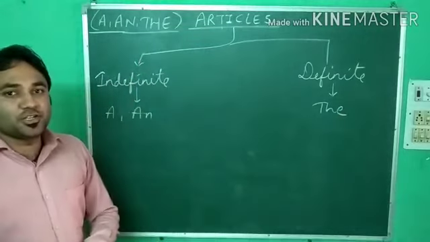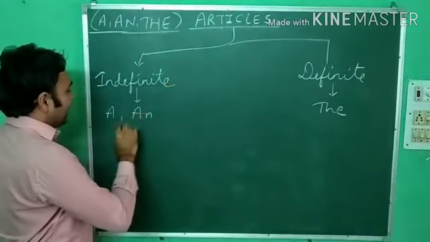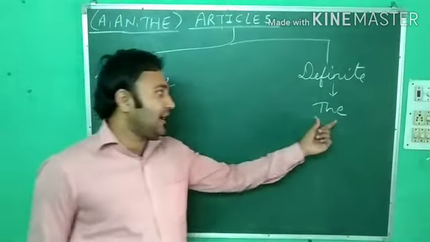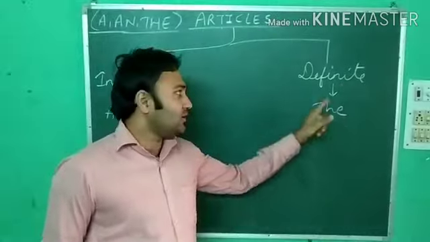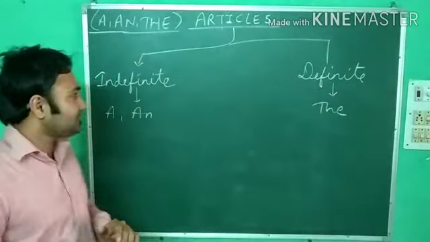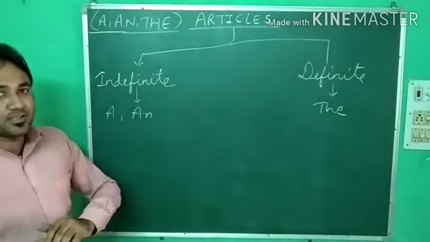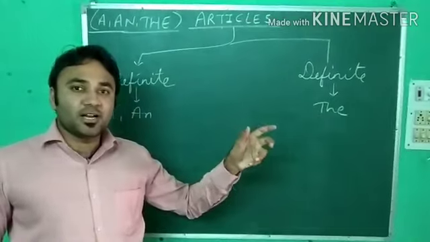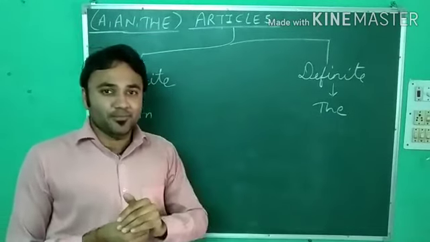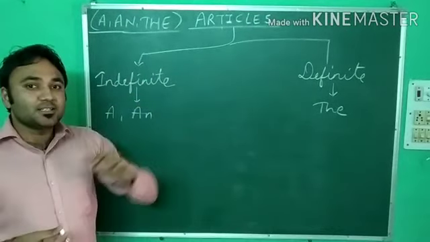Now you may have a question in your mind, why are a or an called indefinite articles and why is the called definite article? So the answer to the question is, indefinite articles are known as indefinite because these are used before a noun to talk in a general way.